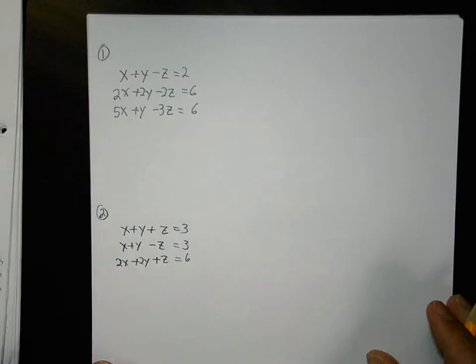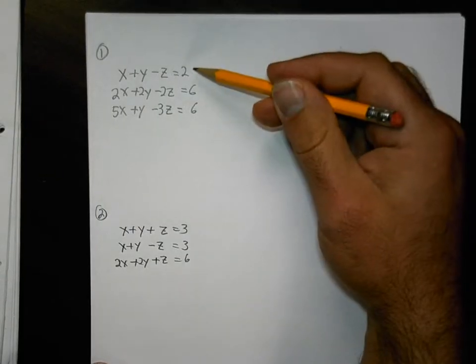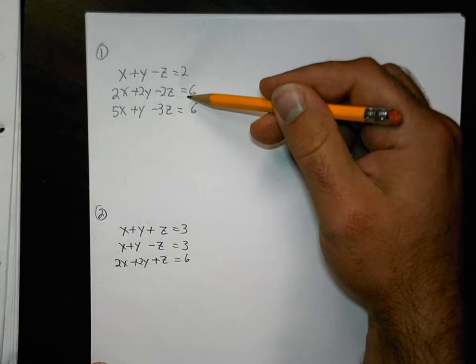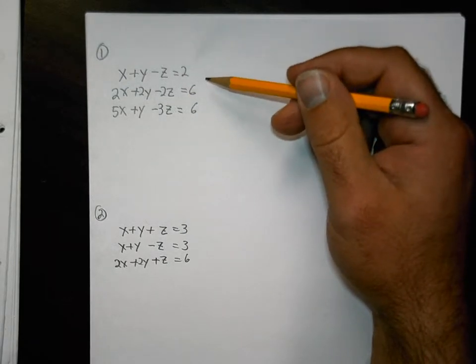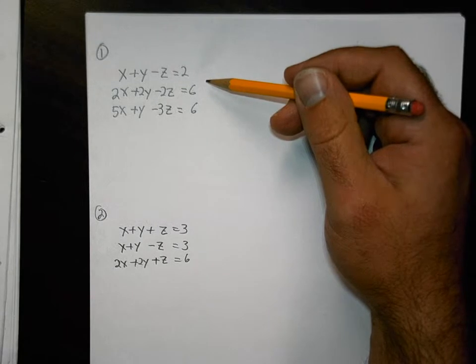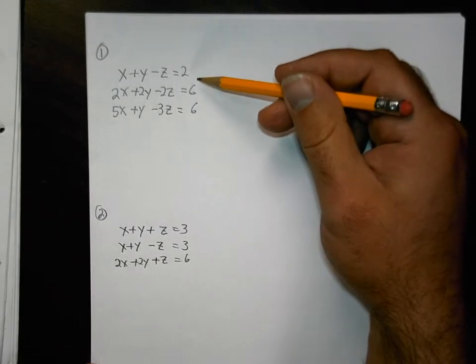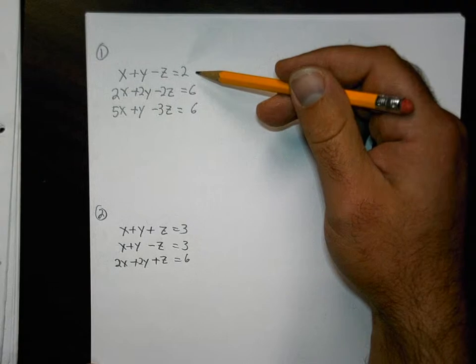Looking at this first example, we've got three equations, three unknowns. We need to solve that system of equations, so we need to pick two equations and eliminate a variable. We could start this several different ways.